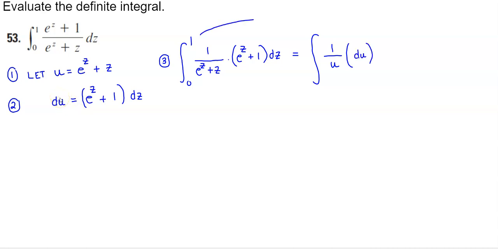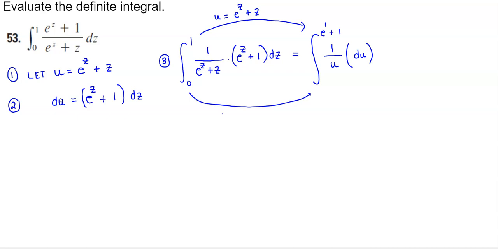And now we need to change our upper and lower bounds according to our definition of u. Well, we know that u is going to equal e to the z plus z. So that means in our upper bound, that's going to be e to the 1 power plus 1.